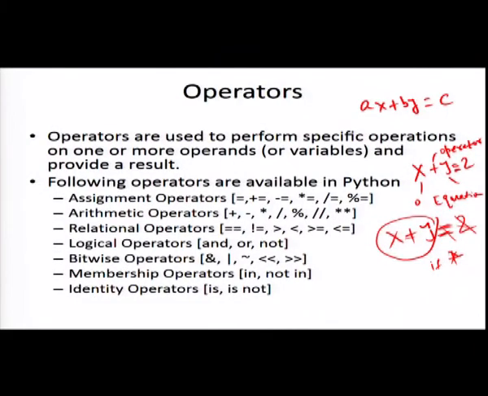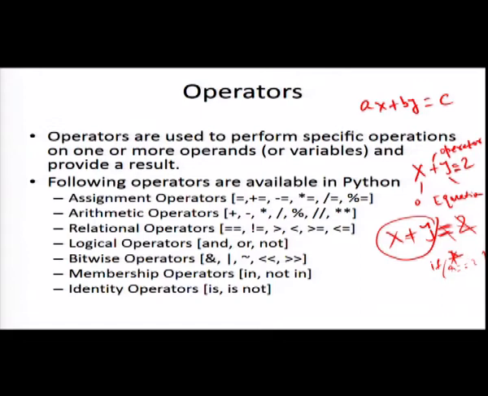Then we have the other operators, the relational operators. So this relational operator, which means when you are going to find the equal symbol, you call it a relational operator. You relate to something, x equal to 1. If you would have worked with some conditions, if a equal to 2, then what should I do?